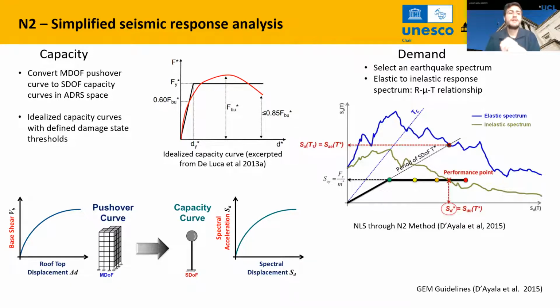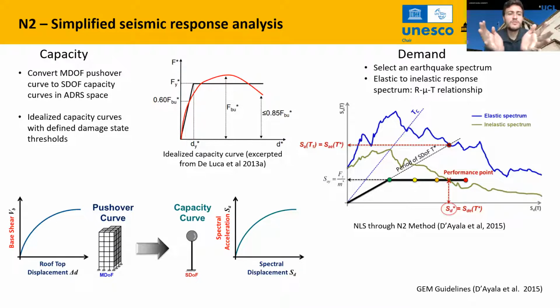The idea behind the N2 method is to obtain the simplified seismic response through a nonlinear static analysis. It starts with the capacity curve, then you linearize the capacity curve and make some calculations there, and you will cross that with the demand, and the demand will be the spectrum related to each one of the ground motions that we obtained in the first step.